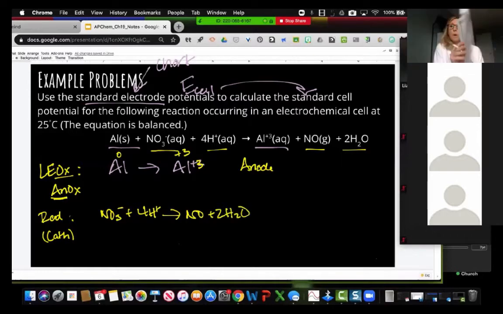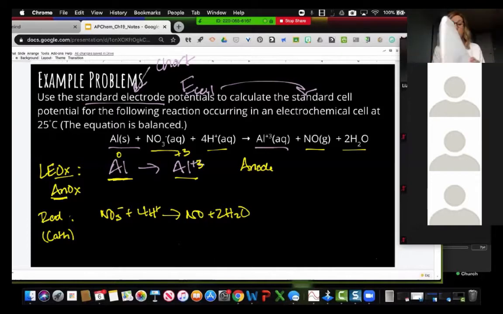Okay, so that's where I go to my chart here. So I'm going to go down and I'm going to look for aluminum. So notice it doesn't look exactly like what it looks like on here. So on here, it goes from Al to Al+3, but if you look on the chart, it's Al+3 to aluminum. That's what we mean by all of these are written as reductions. So we know that in this reaction, aluminum is being oxidized, but we're going to use it because of the formula that we're using.